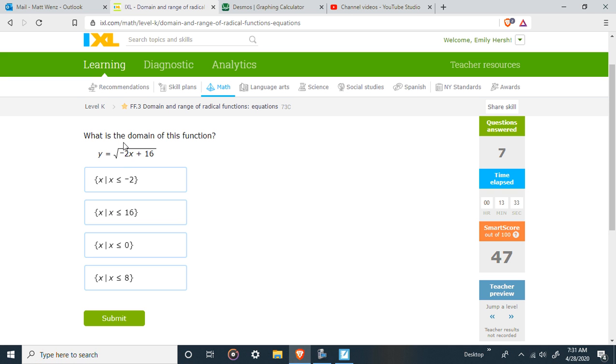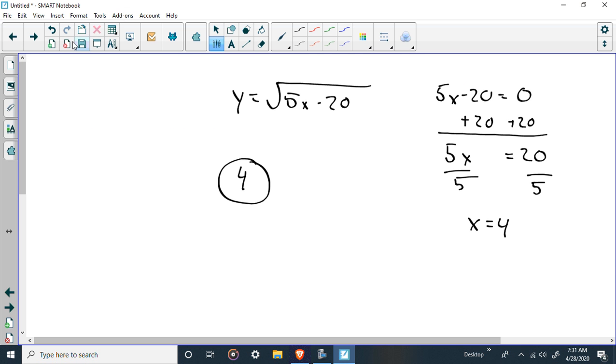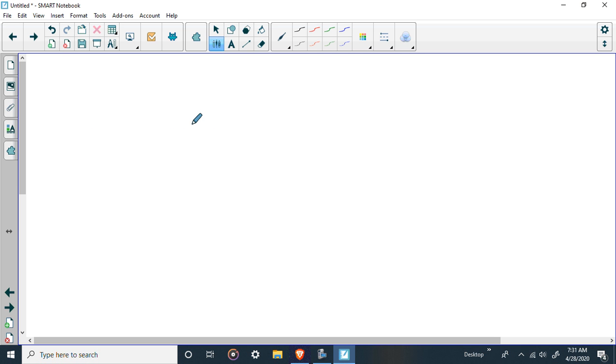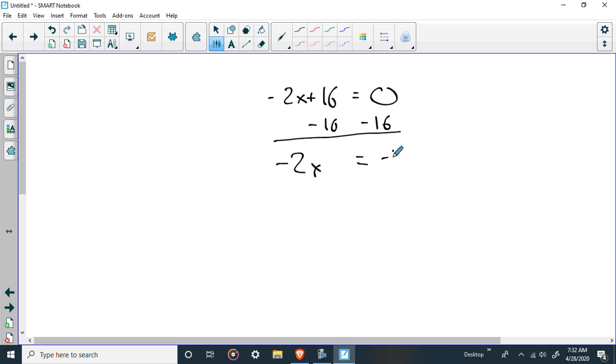Now we have a negative on the inside, so we've got to watch out here. So negative 2x plus 16 is equal to 0. I'm going to subtract 16. Negative 2x is equal to negative 16, which means that x is equal to 8.